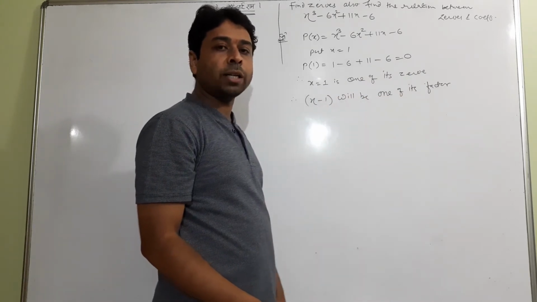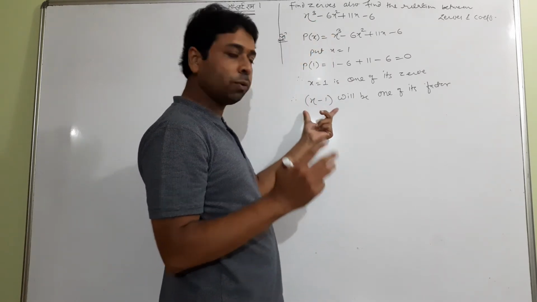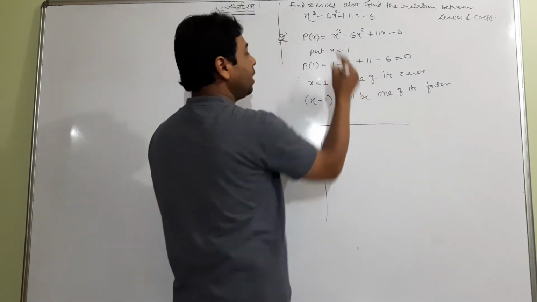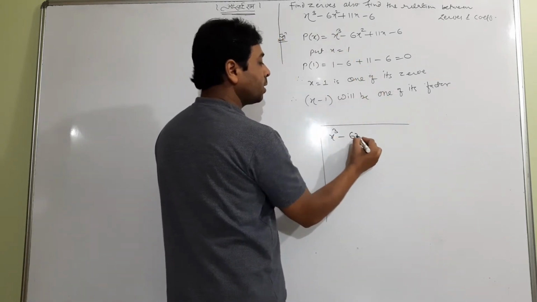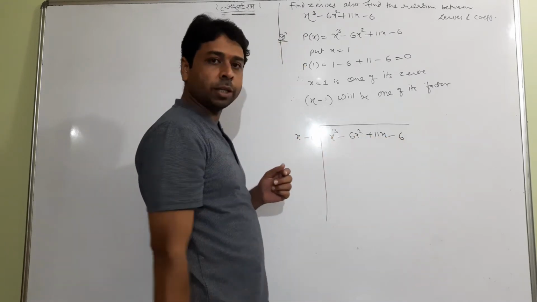So how can we find the other factor? I'll divide x cube minus 6x square plus 11x minus 6 by x minus 1.